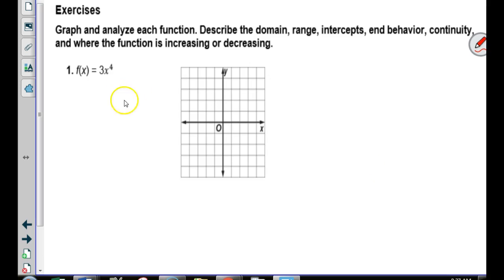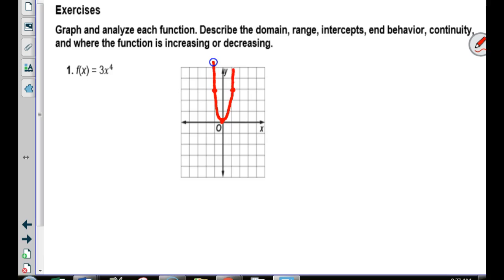All right. Graph this on your calculator. Give me about 3 ordered pairs if you can. 0, 0. 1, 3. Negative 1, 3, and that's about it, right? It looks like a parabola.